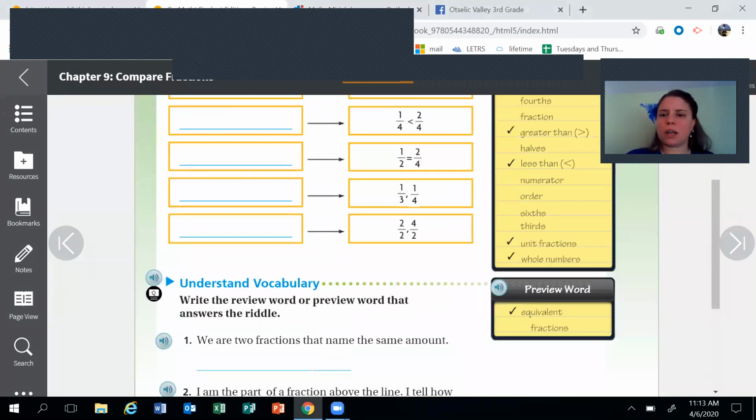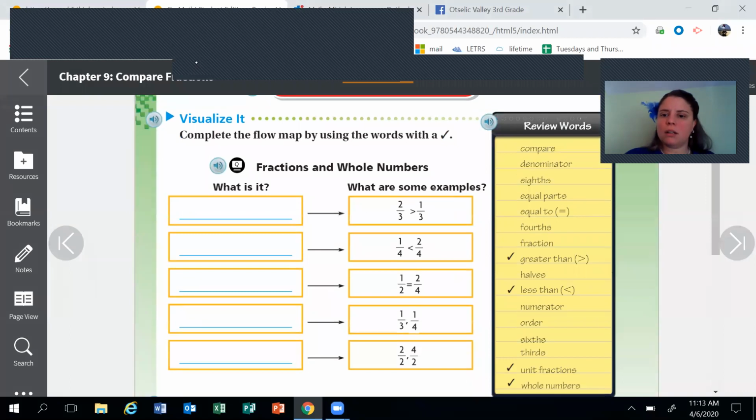We already used all the check mark ones, so we're not going to use that. Compare, that doesn't have equal in it. Denominator, that doesn't have equal in it. Eighths, that doesn't have equal in it. Equal parts. Maybe equal to, got two of them now that have equal.